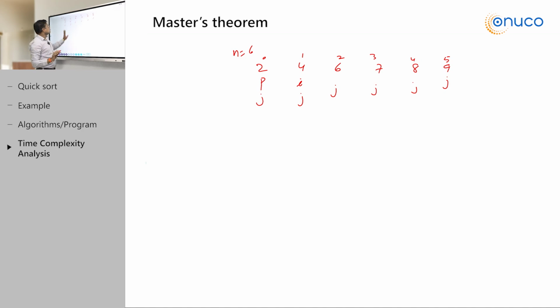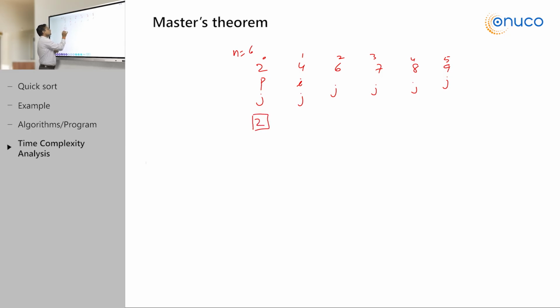No. So look, in this scenario the I index does not increase at all, but J decreases from the last position of the array to the very first position. It means we have performed many comparisons and came to the first position. Now what will happen in that case? The pivot element will be swapped with itself. So 2 is swapped with the pivot element 2.